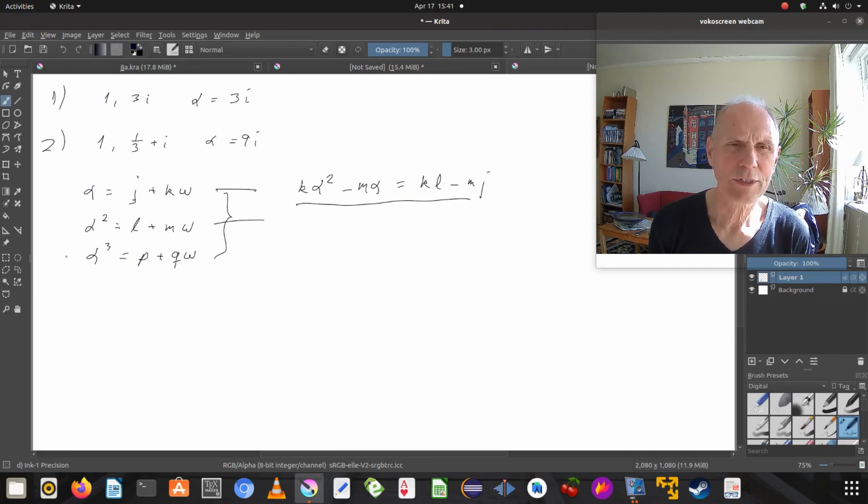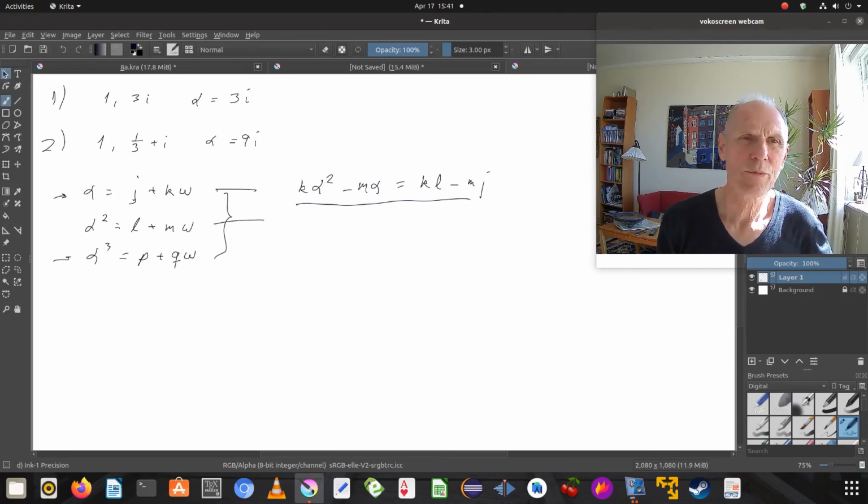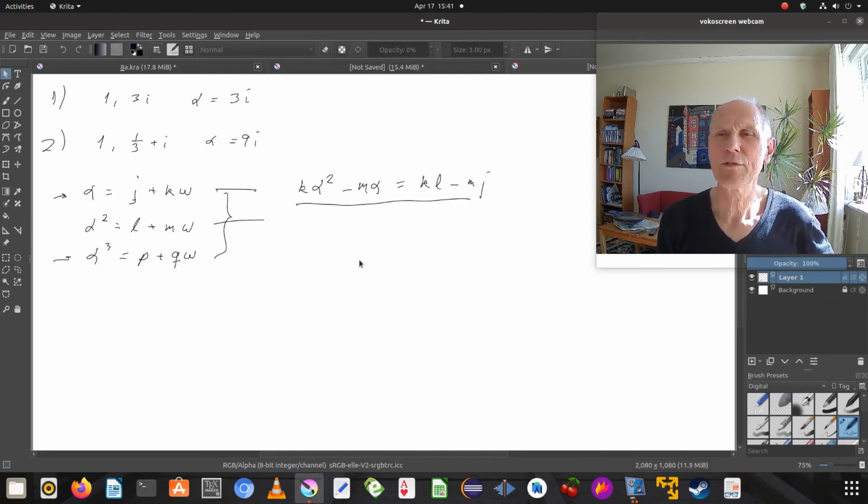And doing the same with these two, we get a third order equation. And that means that the polynomial we get from these two will be divisible by this polynomial. The residue will vanish. That gives us some connections.